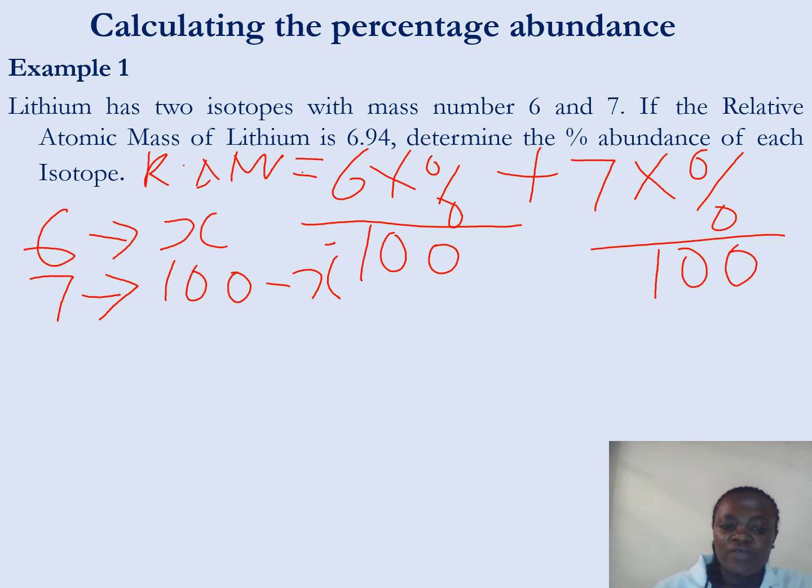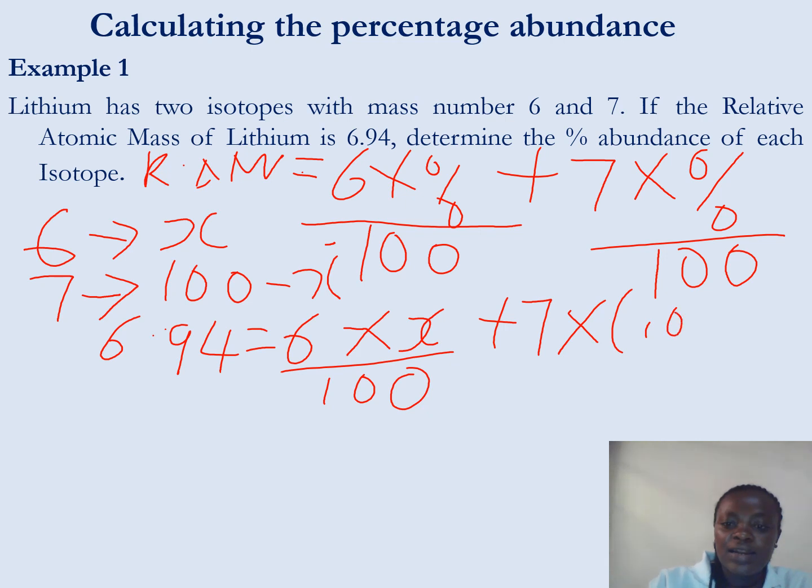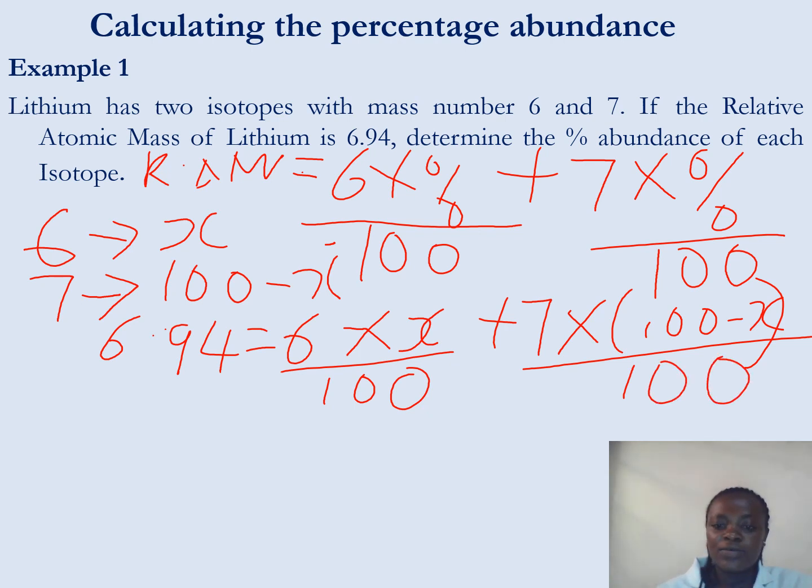So we get the value of X. We have 6.94 equals 6 multiplied by X over 100 plus 7 multiplied by 100 minus X divided by 100. The denominator is the same for the two fractions.